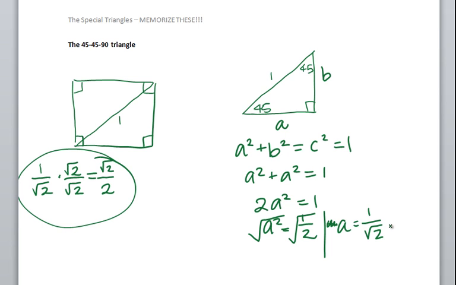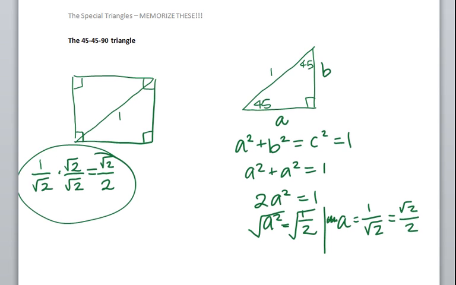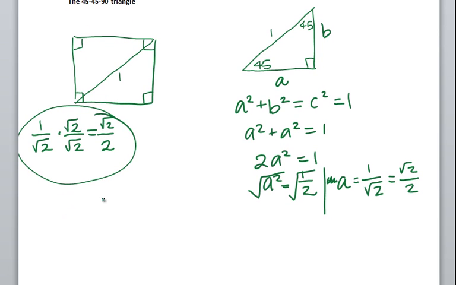So that means that a is equal to the square root of 2 over 2. And so let me scroll down a little bit here. So if I have a 45, 45, 90 triangle, let me recap for you. My hypotenuse is 1, and so that means that my other two legs are the square root of 2 over 2.